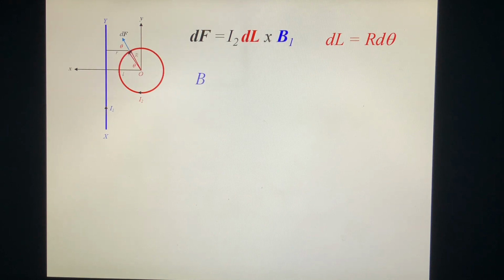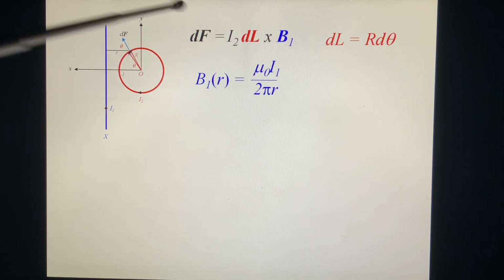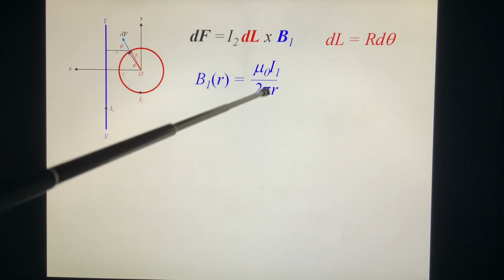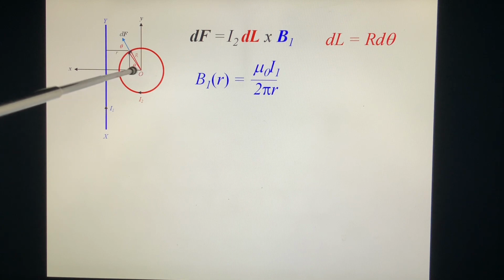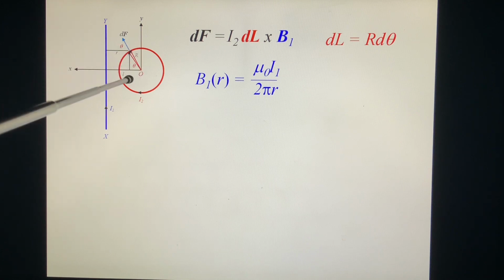The B, we know that one equal to mu I1 produce 2 pi r, R the distance, this one to the r. What is r? We make a line perpendicular to this one. This r equal to big L minus this section. And this section equal, in this rectangular triangle, is r cosine theta. So r equal to L minus r cosine theta.